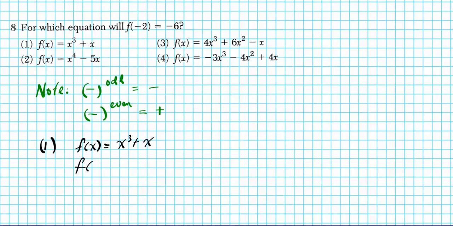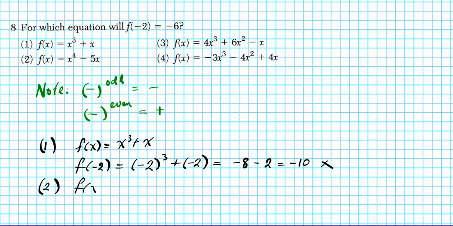So f of negative 2 is negative 2 raised to the third power plus negative 2. Negative 2 to the third power is negative 8. Plus times minus is minus. Negative 8 minus 2 is negative 10. So that's wrong because we're looking for negative 6.